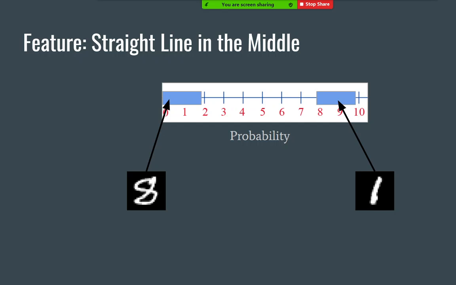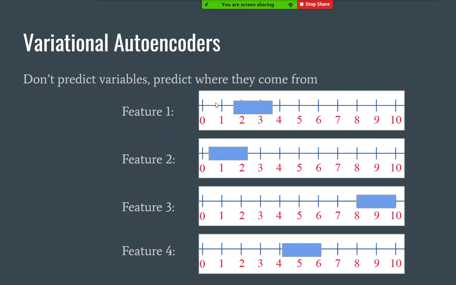They try, instead of the exact point on this line, to find windows in which those features might fit. And this is what happens, right? So we have maybe feature 1 for something, and this feature 1 is very likely to be around 2.5. The second feature is likely to be around here, around here, around here.